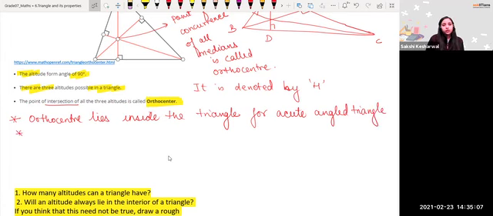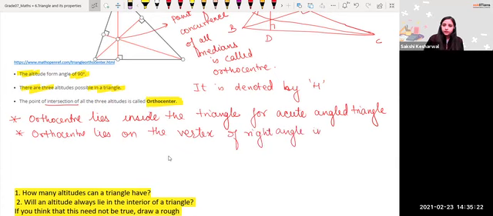Coming to the second point, the orthocenter lies at the vertex of the right angle in a right angle triangle, right?